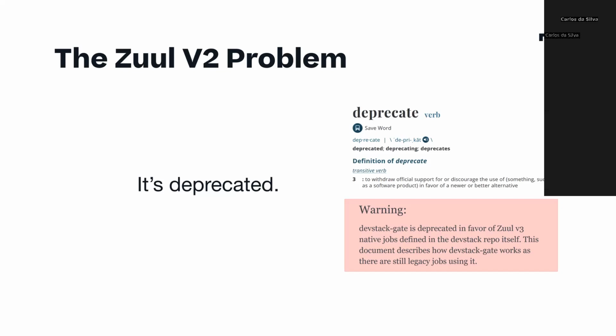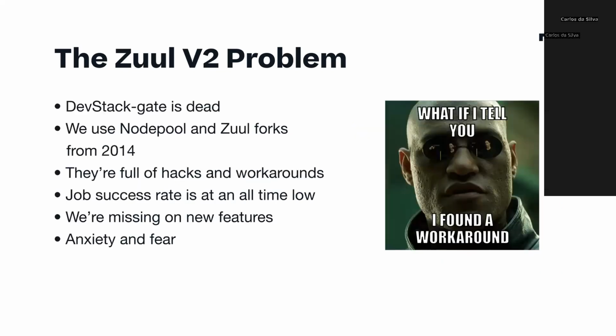The problem is that it has been deprecated for a long time now. We've been having a lot of problems with it, and this migration to a newer version has been long overdue. One of the main issues that we have, and this still haunts us, like I believe Andre was fixing a problem with this 2 weeks ago, is DevStackGate, which is a deprecated project, and we rely on it on our older Zuul 2 CI.